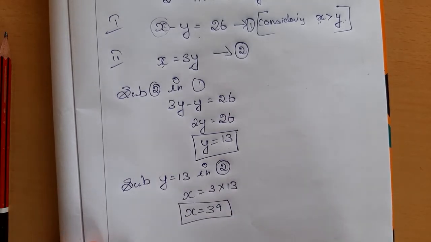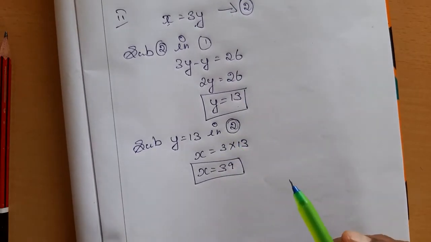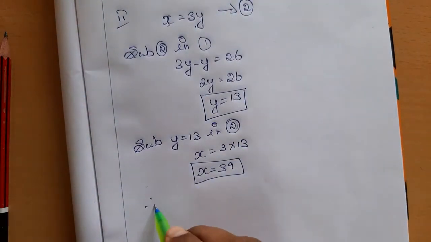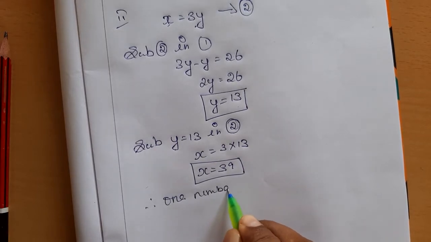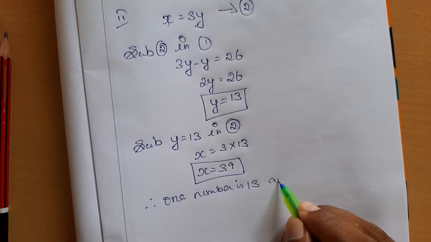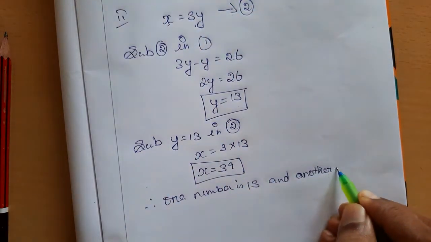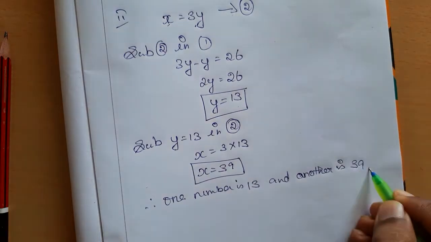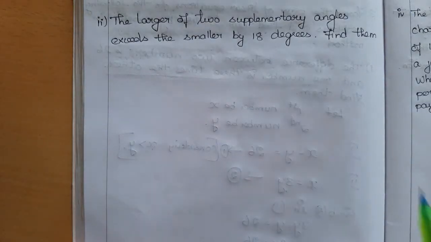So the two numbers are 13 and 39. Clear?